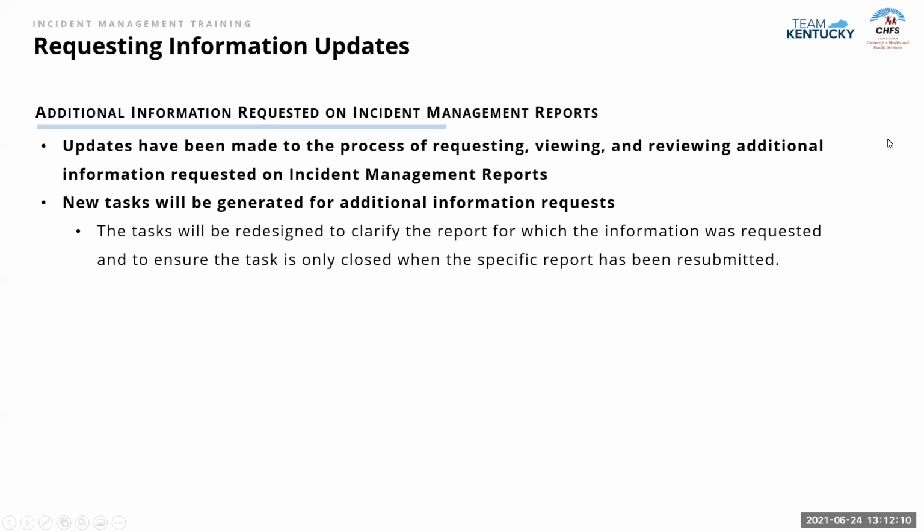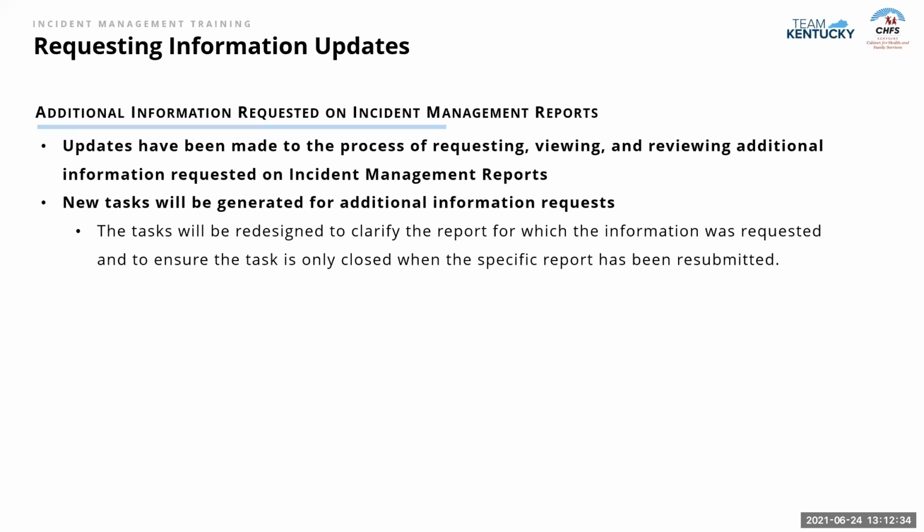for some of the specific incident management reports. So we'll go ahead and take a look at what that looks like. More specifically, there's been some enhancements made to the process of requesting, viewing, and reviewing additional information requests. And more specifically, now there's going to be new tasks that will be generated for those additional information requests made by internal reviewers.